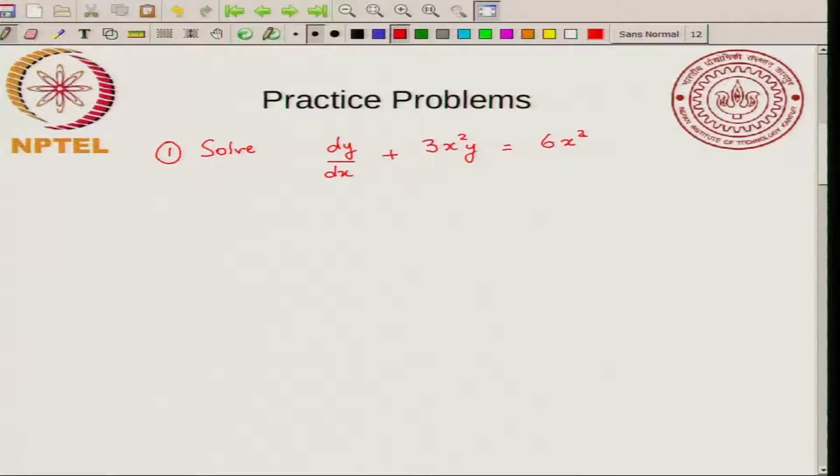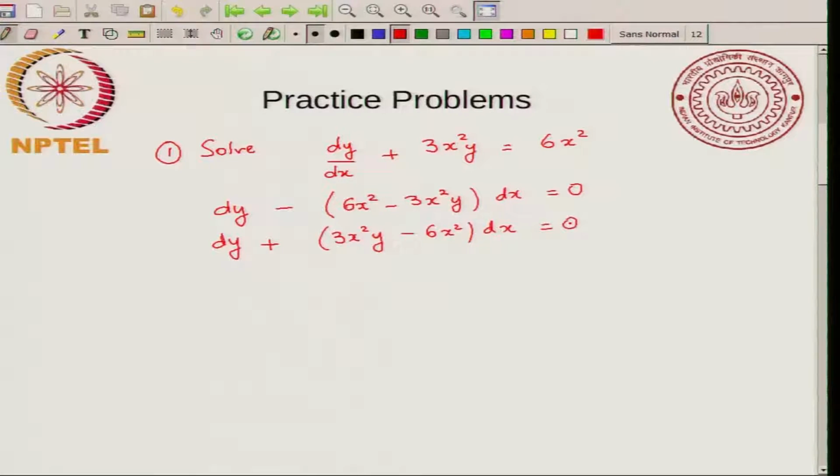So, let's write this in the form dy plus 3 x square y minus 6 x square dx equal to 0.